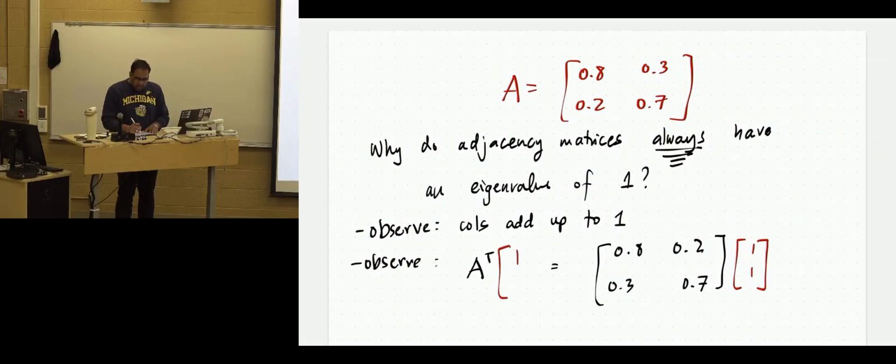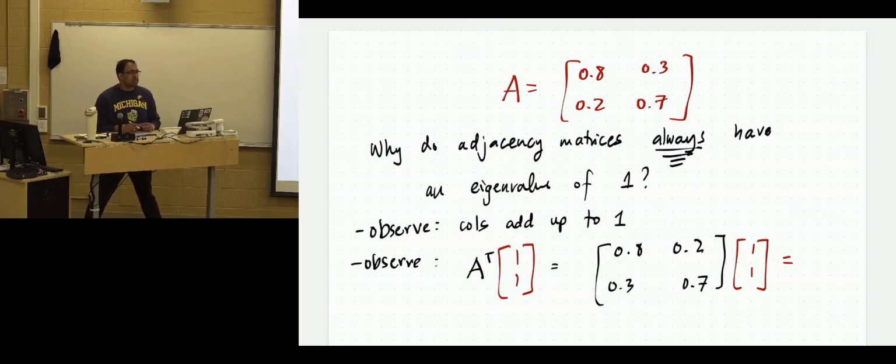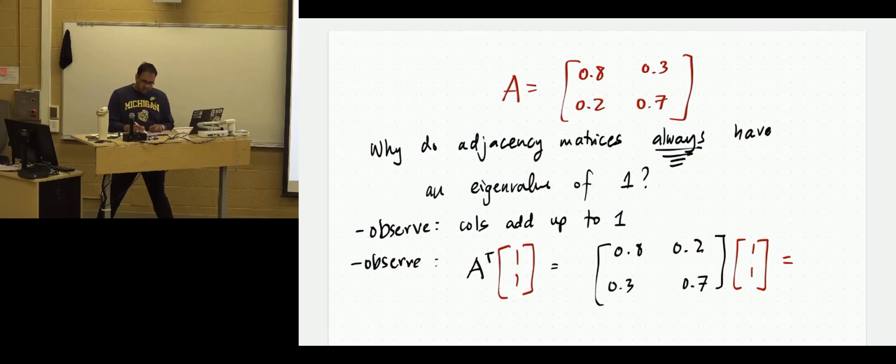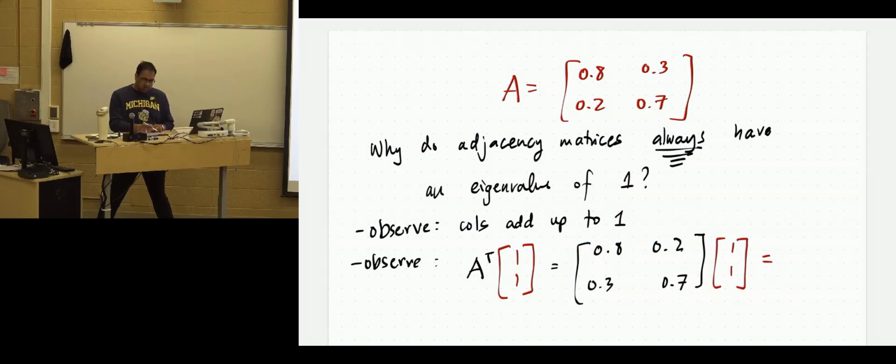When you multiply a vector of 1s by A transpose, what do you get back? A transpose times (1, 1) is what? Yeah, it's just (1, 1). What does that tell you? It tells you (1, 1) is an eigenvector of A transpose with the eigenvalue of 1.